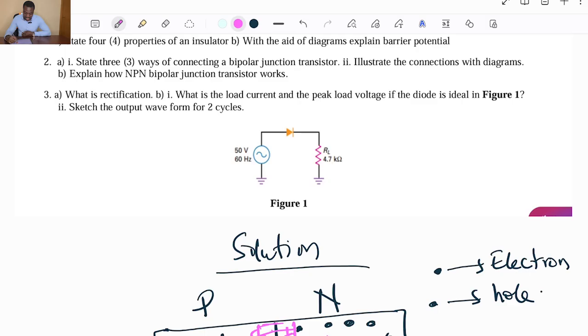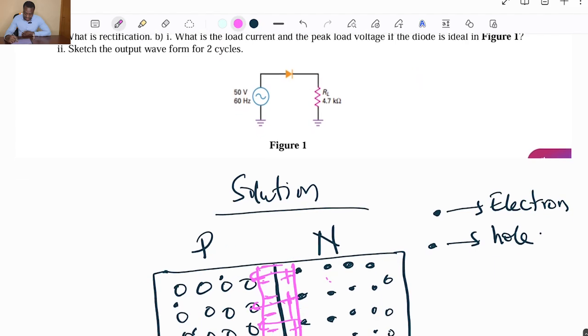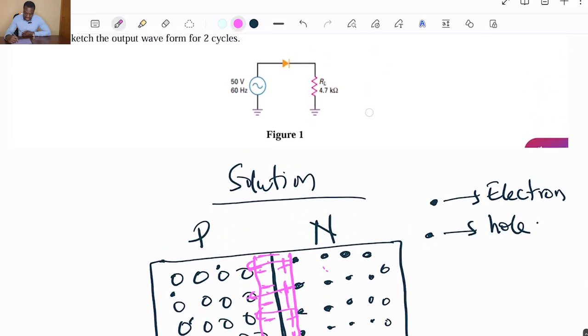Now, question 3: what is rectification? Rectification is the process of obtaining a unidirectional waveform. As a result of this, we are able to convert an alternating current into a direct current. What do we mean by unidirectional waveform?